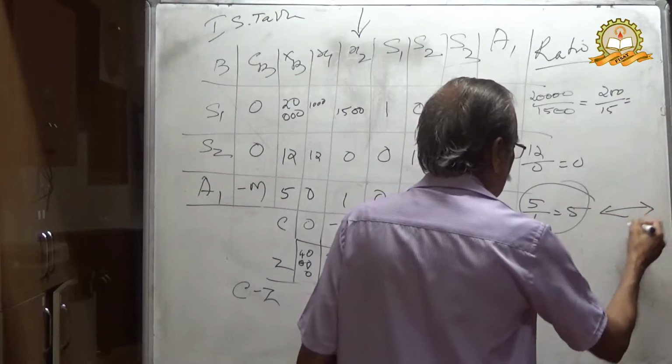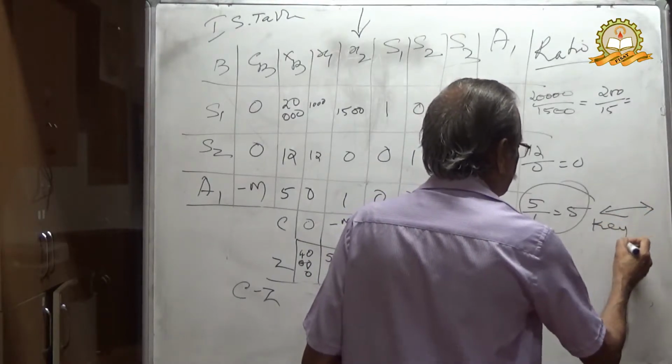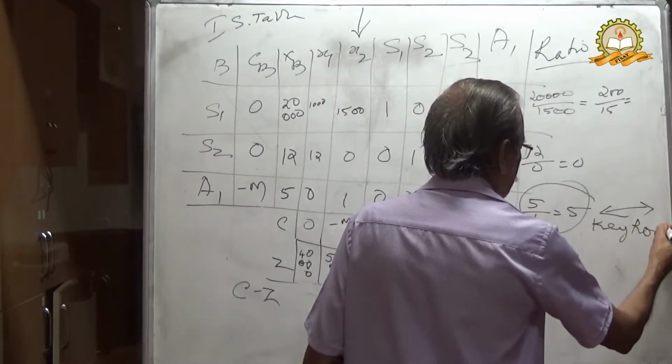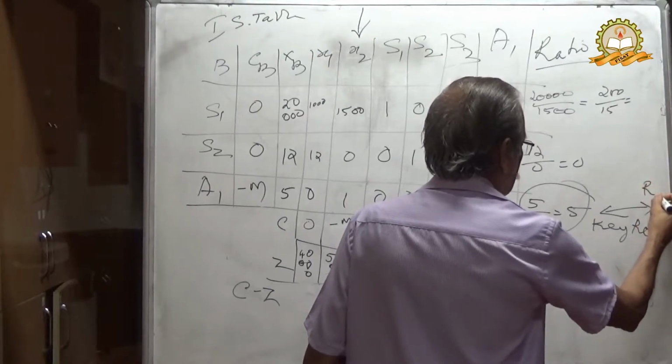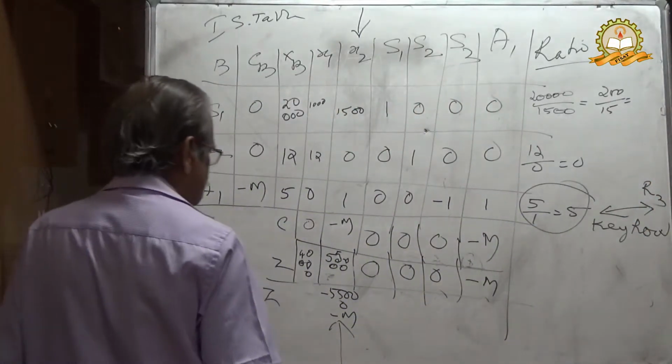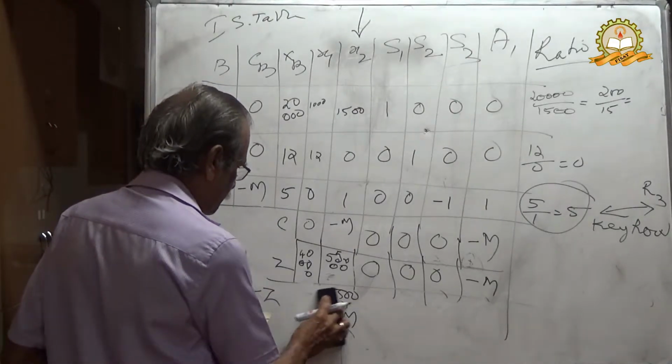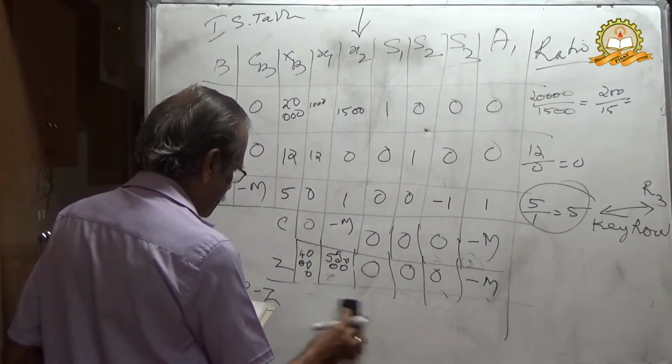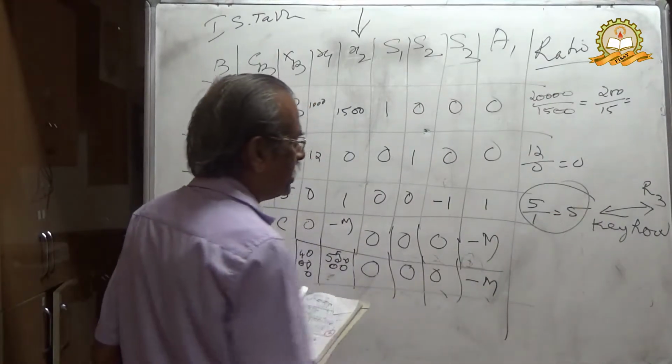Therefore, this is your key row. Lowest number. Key row R3. 5 is the lowest number.